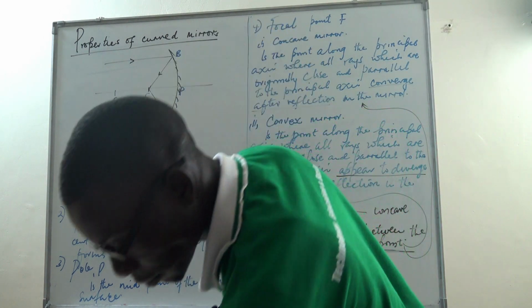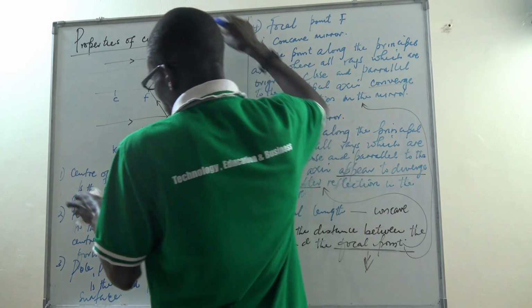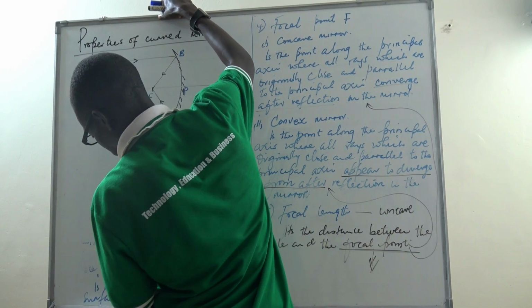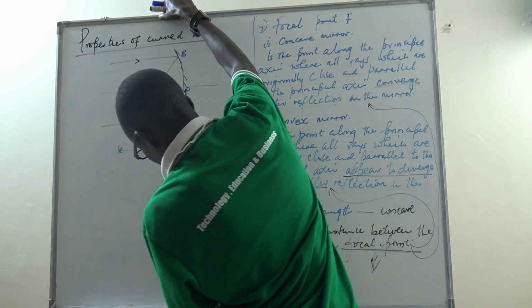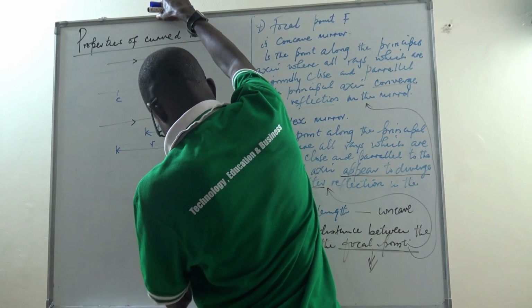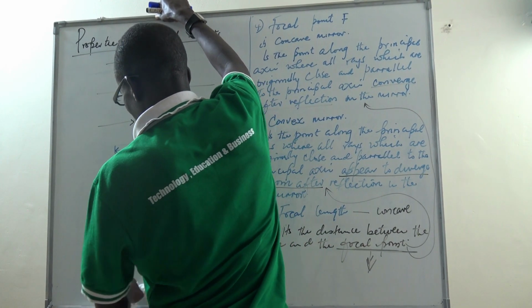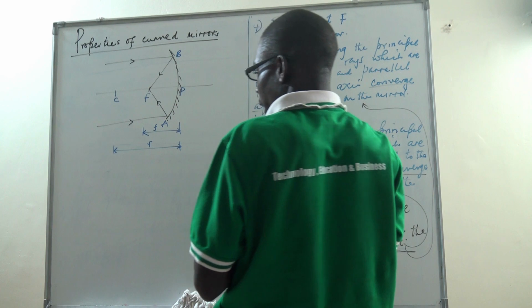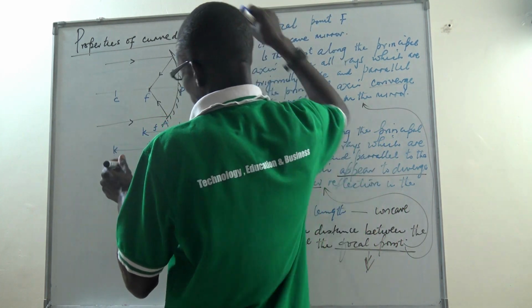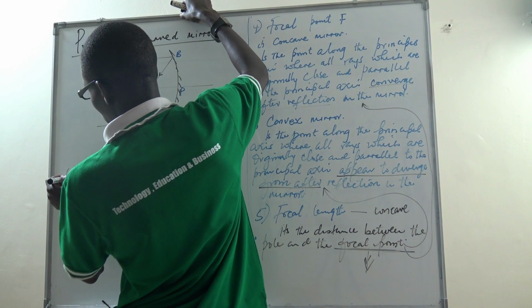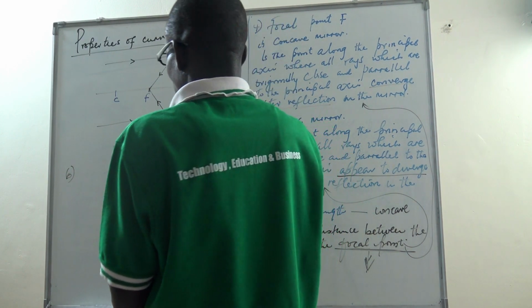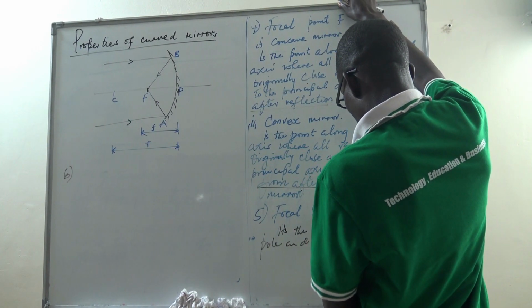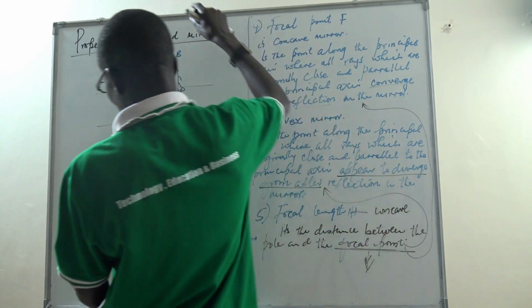And then let's look at some other interesting terms as well. We can look at number 6. This is focal length F. Let's look at aperture.